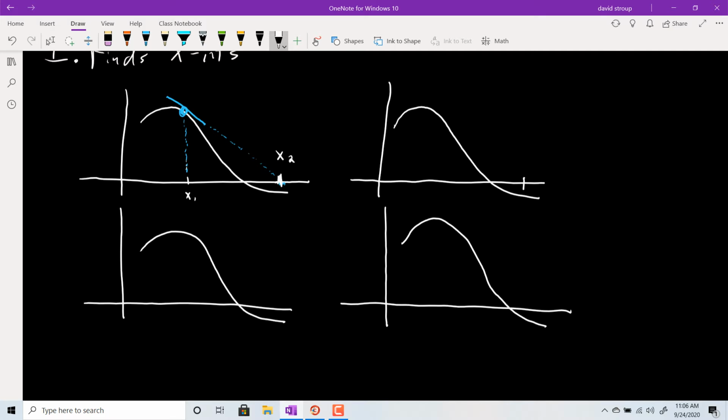So let's then do the same process over, right? So we take x2, we go to the graph, create a tangent line, and extend the tangent line to the x-axis. And that will be our next point. Okay, so this will be x3.